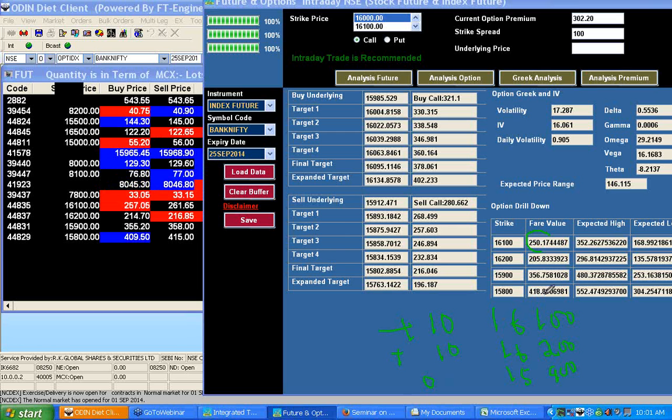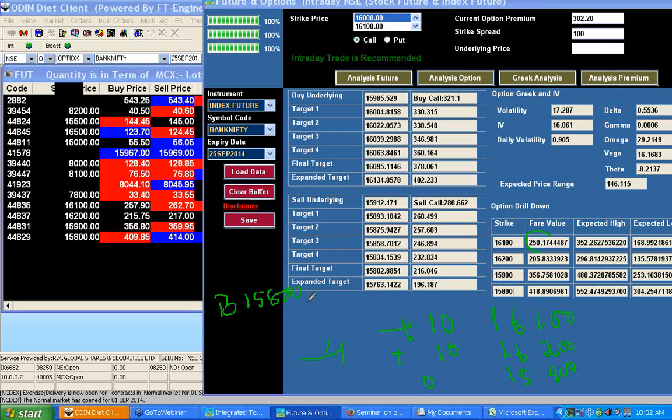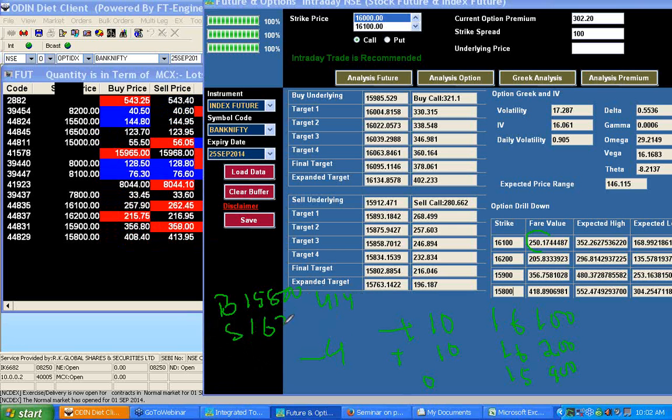The 15,800 call option, which is supposed to trade at 419 rupees, is quoting at 414 rupees, so it is 4 rupees lesser. If I wish to enter an arbitrage trade, nothing wrong if I buy the 15,800 call option at a price of 414, and simultaneously sell the 16,200 call option at 215 or 216 rupees.